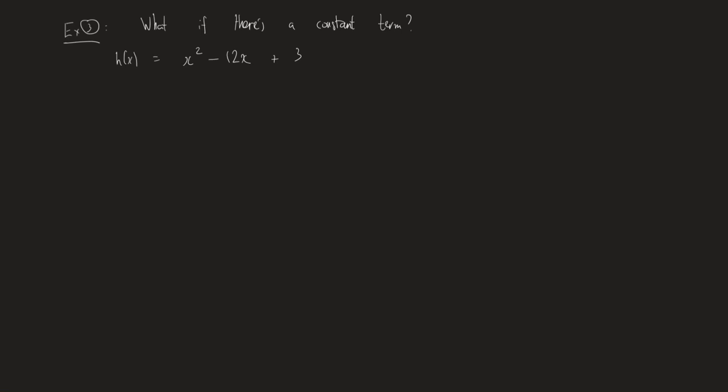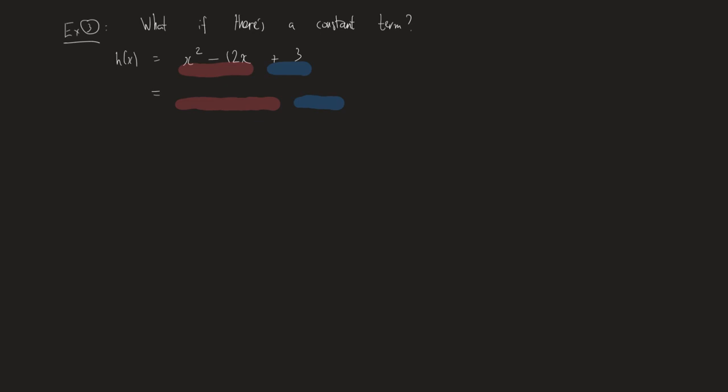What we're going to do here is think of the x squared minus 12x separately and just deal with that like we did in the previous example. And that plus 3 is just going to hang out and we'll fold it back into the process at the end. So in this next line, I'm going to think of there being 2 separate things going on. I have my terms involving x, and I have my plus 3 that's just hanging out.